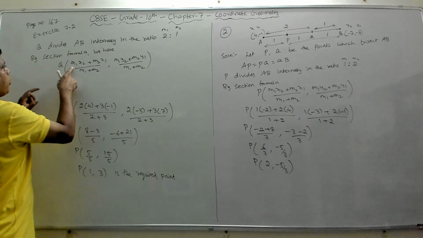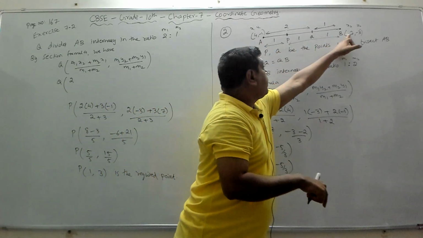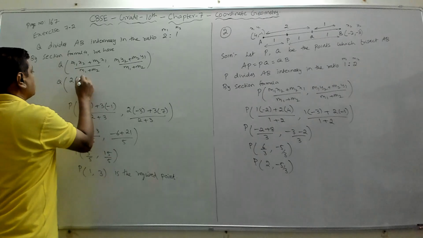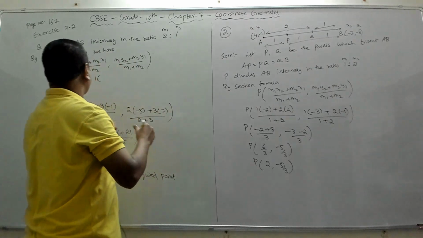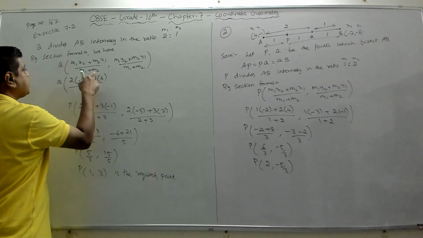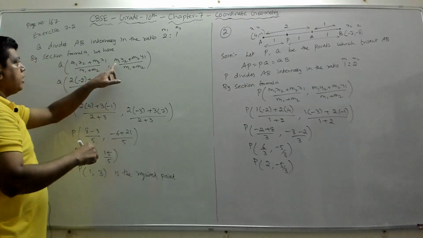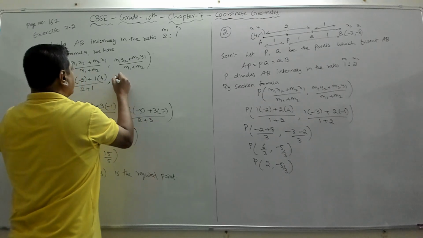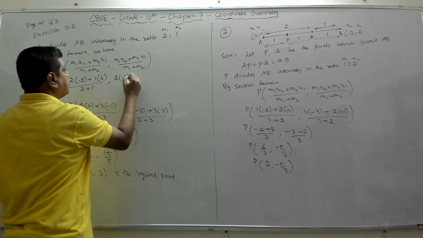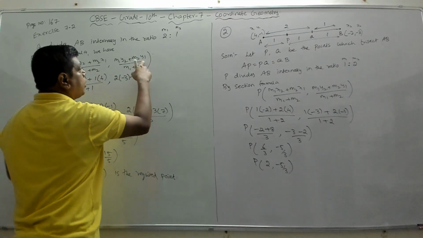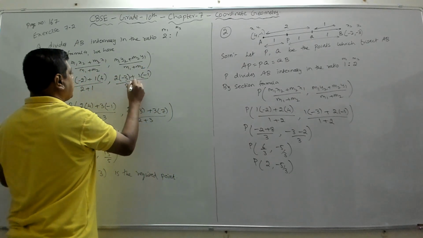So Q of M1, which is 2, into x2, which is minus 2, plus M2, which is 1, into x1, which is 4, by M1 plus M2, which is 2 plus 1, comma, M1 which is 2 into y2 which is minus 3, plus M2 which is 1 into y1 which is minus 1, by 2 plus 1.